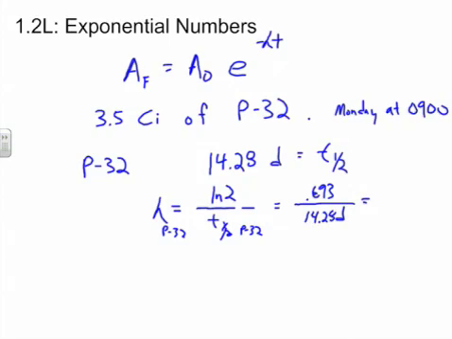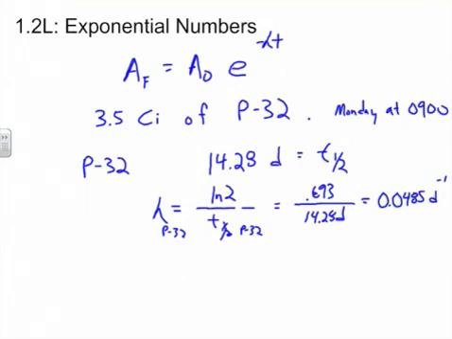So we do this, we find that 0.693 divided by 14.28 days gives us 0.0485 inverse days. And that's our decay constant, our lambda.